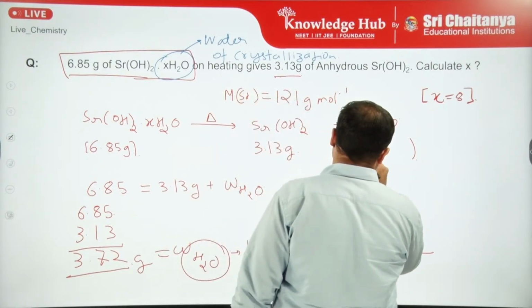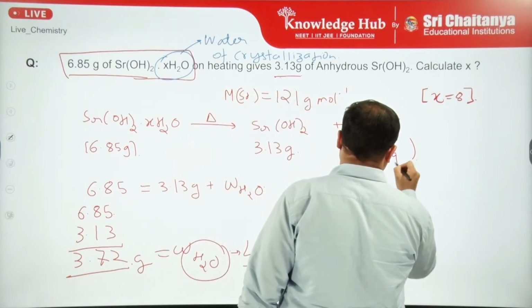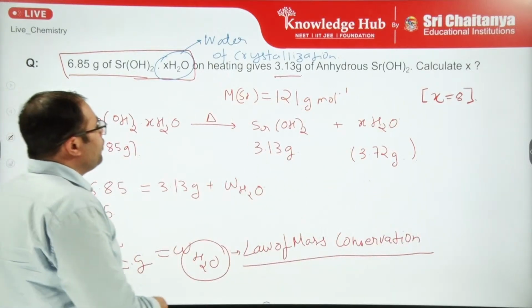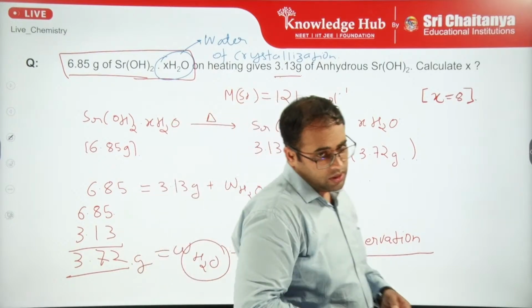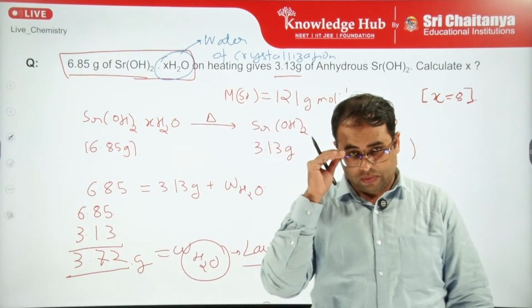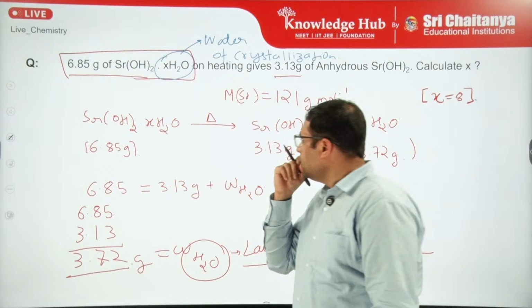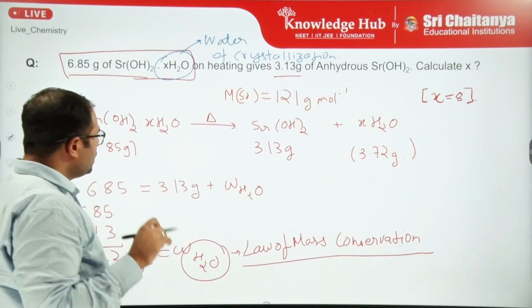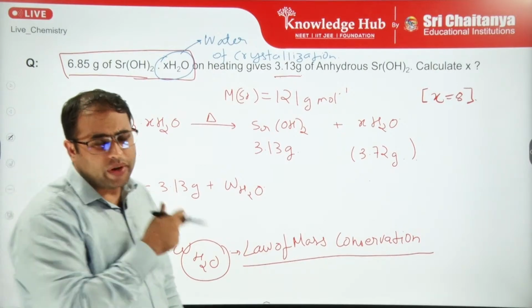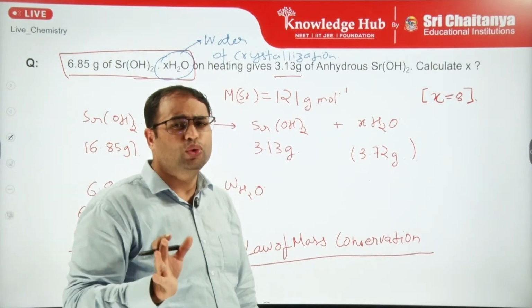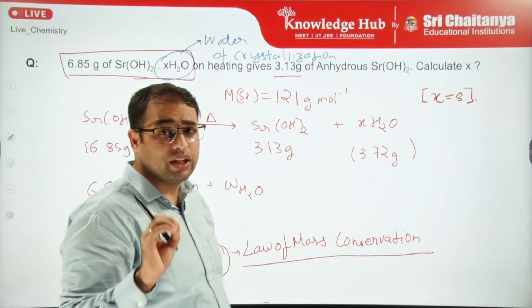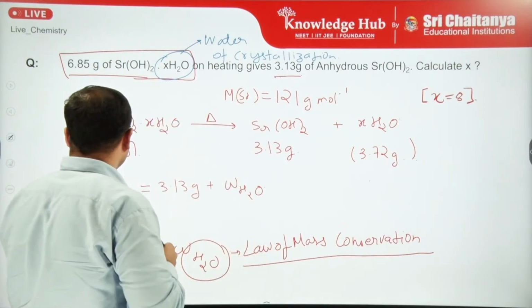This comes out to be 3.72 grams, right? Now, how will you find the formula of this? Well, think about it a little bit. I told you whenever you have such questions, the one thing that you should do is calculate the moles, right?